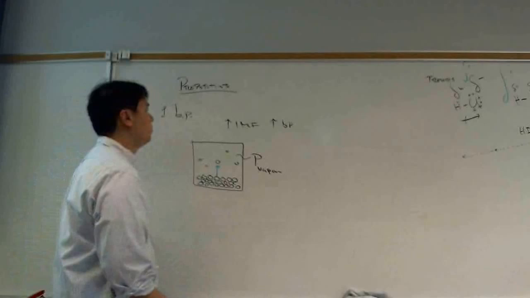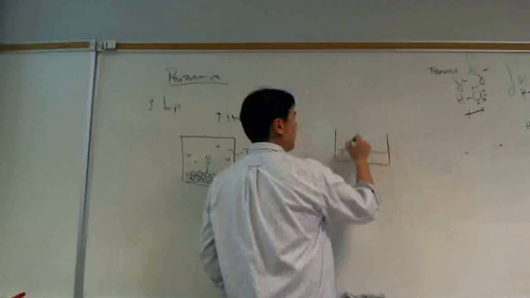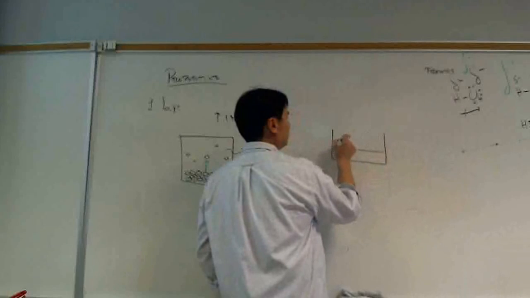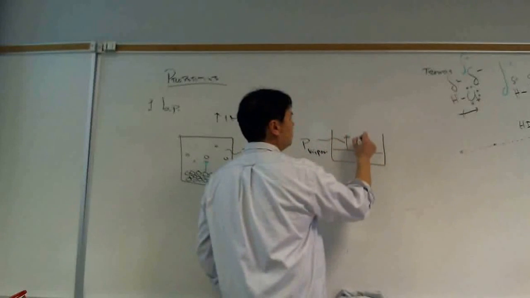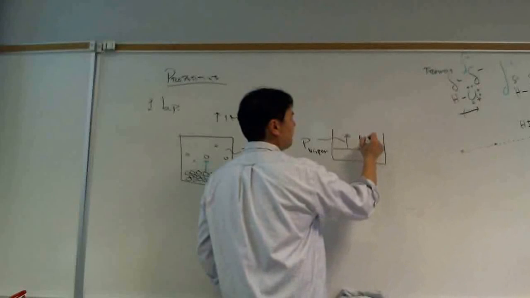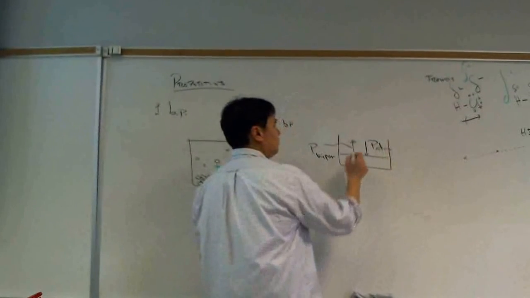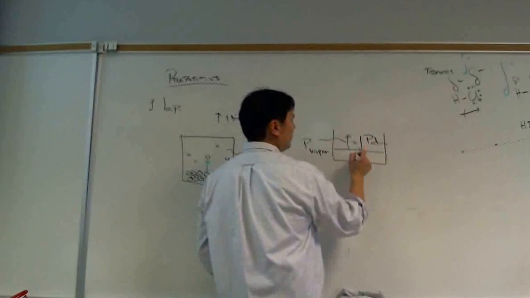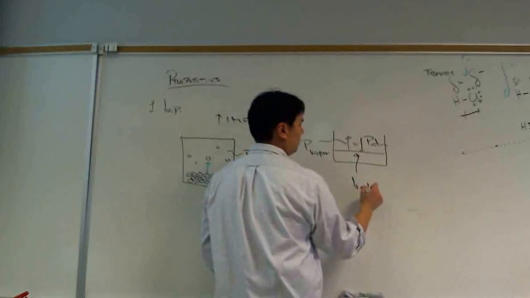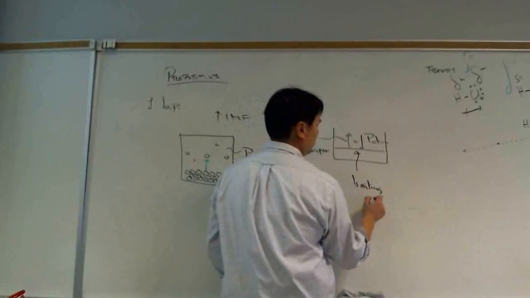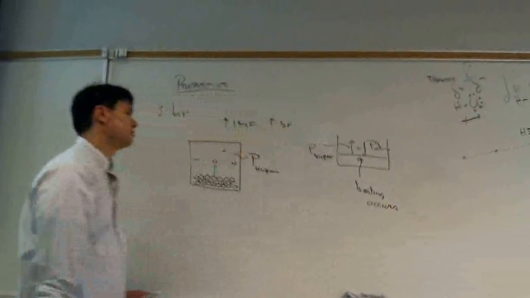So what boiling is, it's when the vapor pressure of the gas is equal to the atmospheric pressure. When these two are equal, then we have boiling. And the temperature at which that occurs is the boiling point.